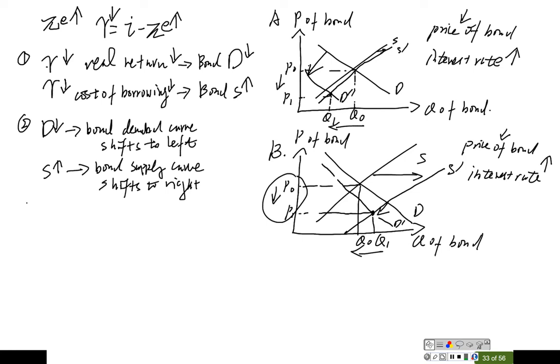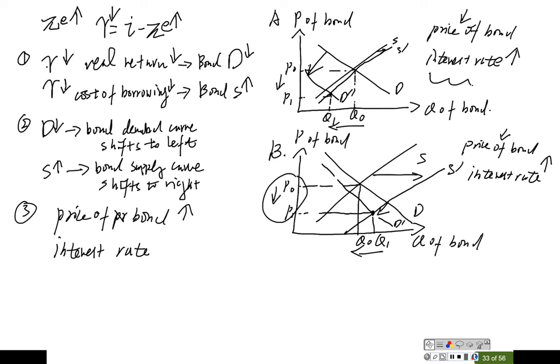Now we can make a conclusion. No matter how big the supply or demand curve shifts, no matter the size of the shifts compared to each other, in both cases A and B we find that the price of the bond always decreases, which means the interest rate of the bond in both cases will increase.